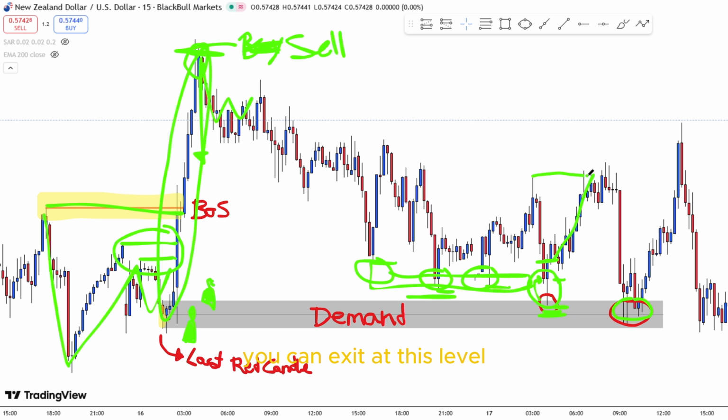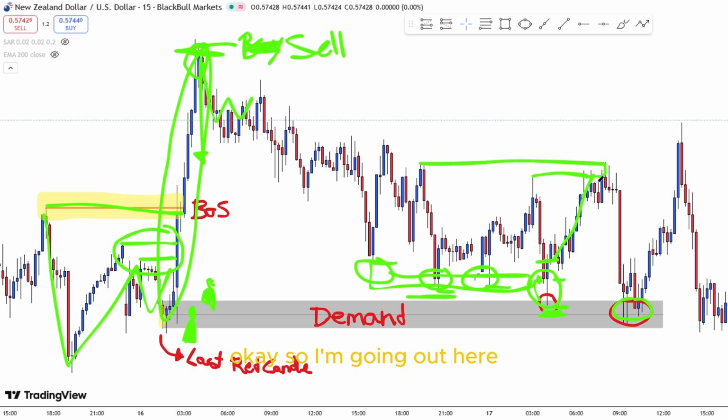You can exit at this level, which is a logical level. I will always use previous points of structure in the market to exit my position, right? It only makes sense that at this level, other people are looking to sell as well, okay?